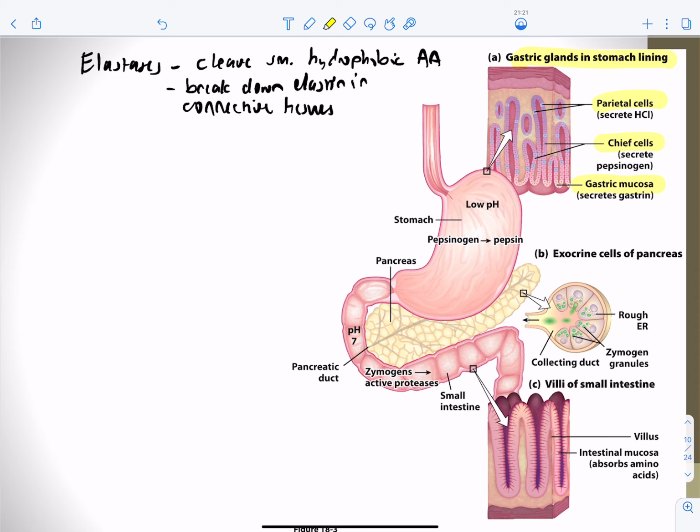Hydrochloric acid is, of course, going to decrease the pH of your stomach, so you get a low pH, and with that low pH, your pepsinogen becomes pepsin. And then you can start digesting your proteins. So pepsin begins digestion in the stomach.